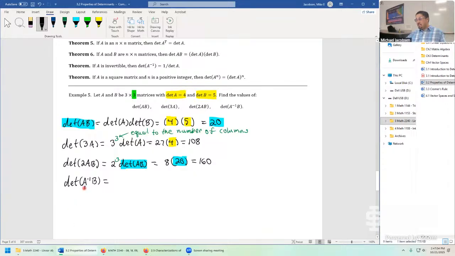And the short of this is, if A inverse comes up, this is really just determinant of B divided by determinant of A. And that's the paraphrase of using multiple properties all in one shot. Determinant of B is 5 and A is 4. So we substitute in those same values from before, and our work is done right at that step.